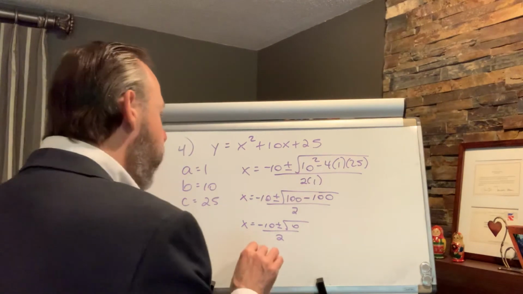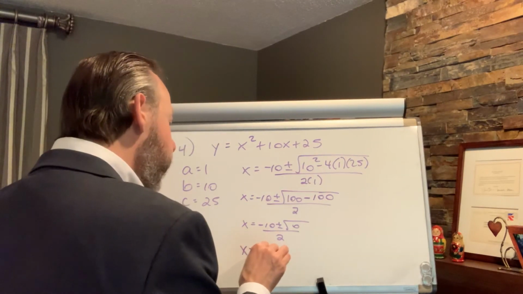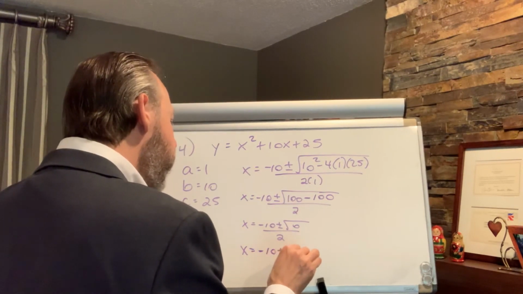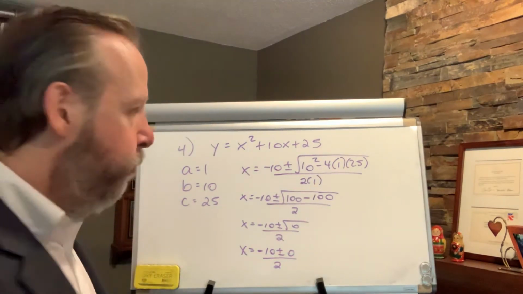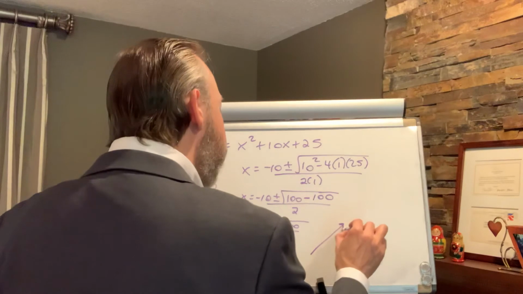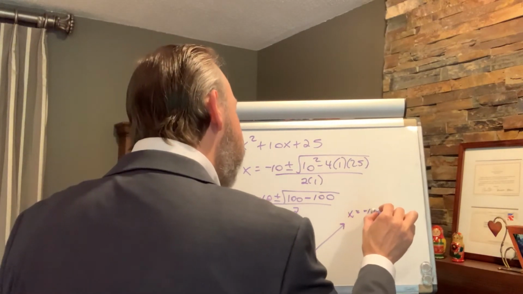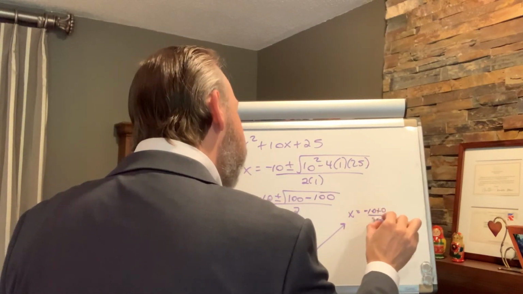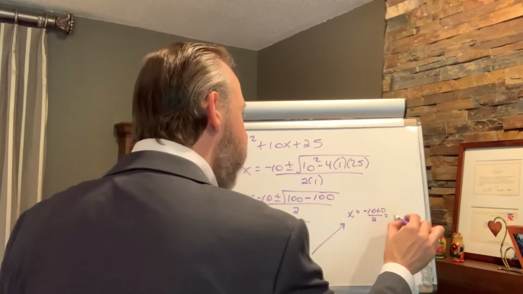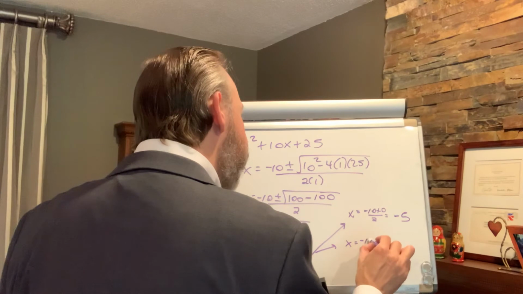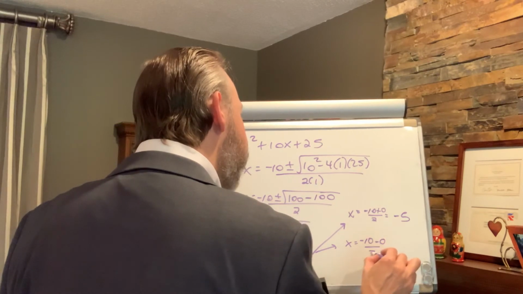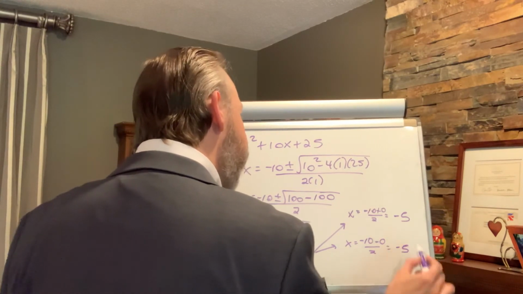So there will just be one solution, but if you want to show the work, x equals negative 10 plus or minus nothing over 2. So x equals negative 10 plus nothing over 2. Well, that's negative 5. And x equals negative 10 minus nothing over 2, which is also negative 5.